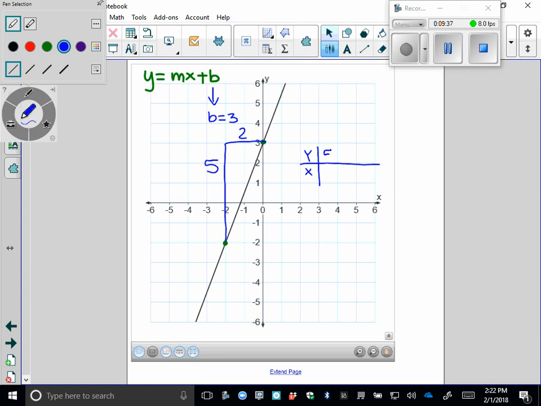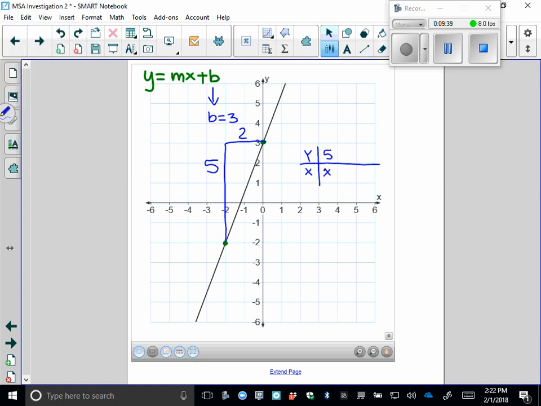So I go up 5 for every 2. So I'm going to divide by 2, and I get 2.5. Do you see that? Does that make sense? So my rate of change is 2.5.